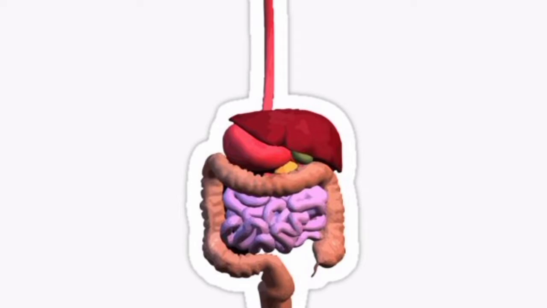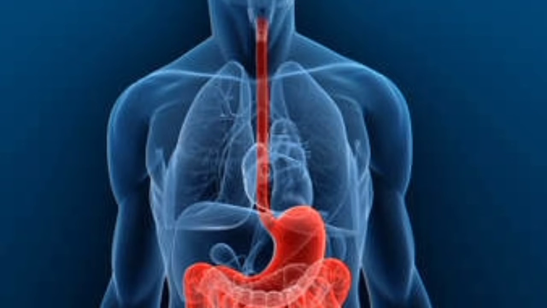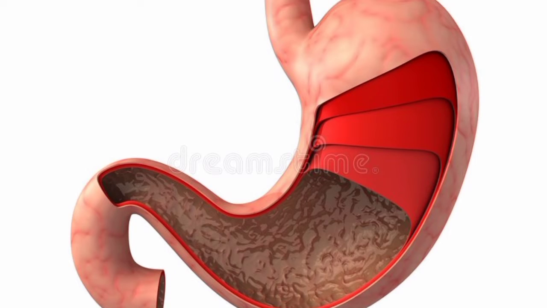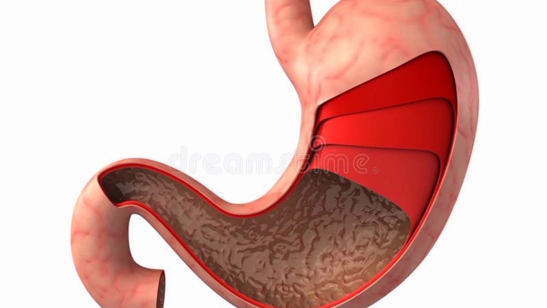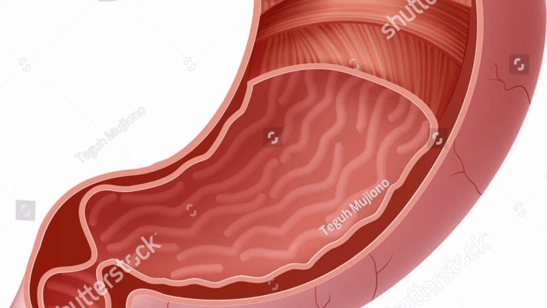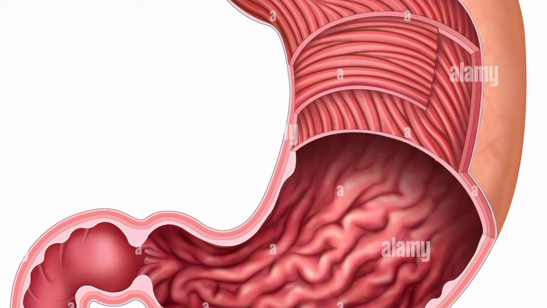The submucosal layer is loose connective tissue that supports the mucosa. The layers of the mucosa, from inside to outside, are surface epithelium, lamina propria, and muscularis mucosae. And here you can see in the muscular layer that we already have three muscle layers: longitudinal, circular, and oblique.